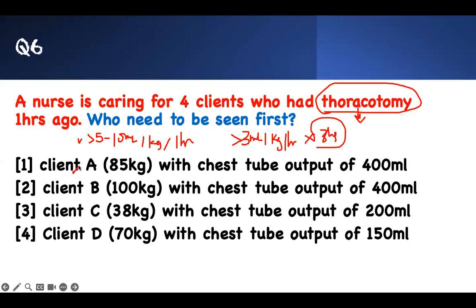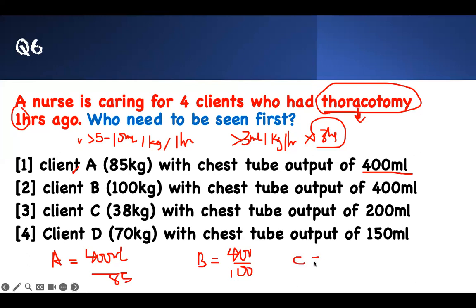Take the first client. Client weighs 85 kilos with a chest tube output of 400 in an hour. Don't forget, an hour. So client A has 400 mL over 85. Client B, that is the same thing. I'm setting all of them up. Also 400 mL over 100.